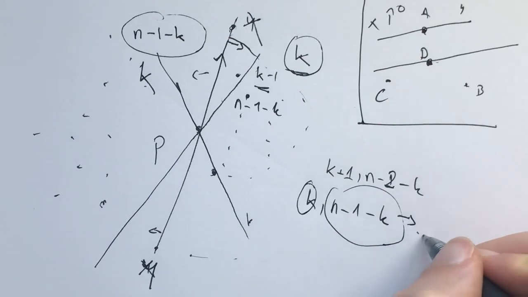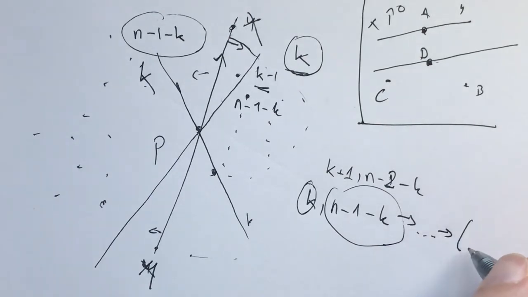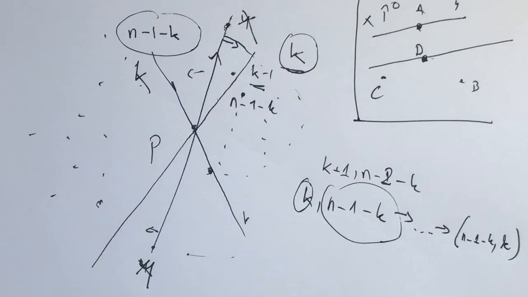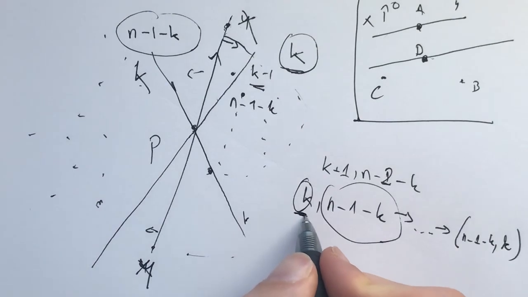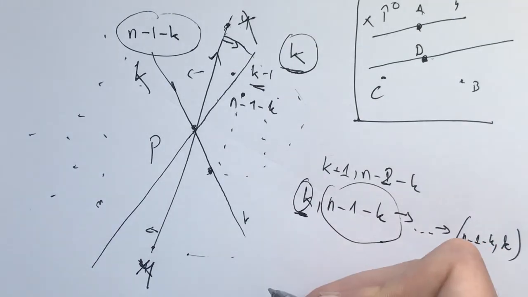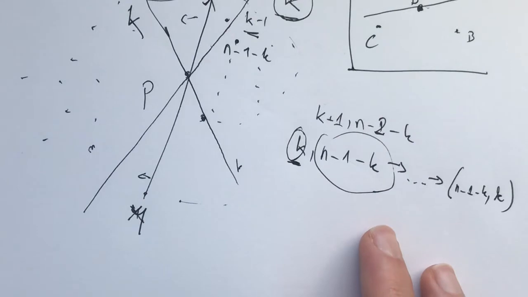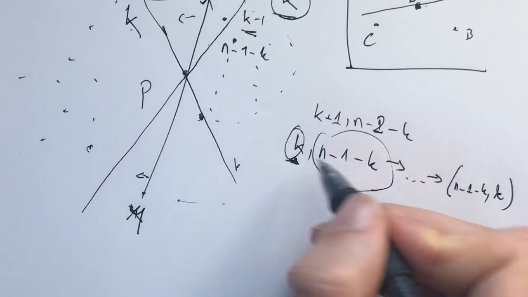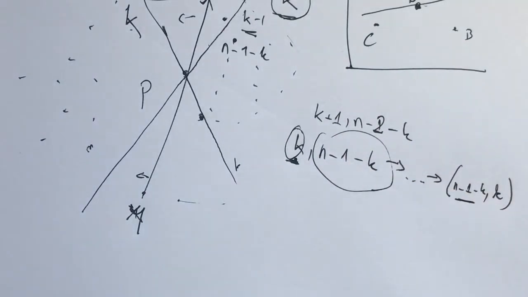Then we got to a place, after a bunch of switches, with n minus 1 minus k points on one side and k points on the other side. Now, what does this mean? This means that, because this number always increased or decreased by 1, we got all the numbers from k till n minus 1 minus k.